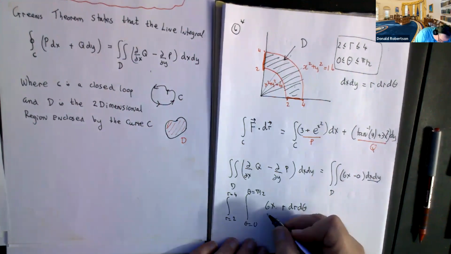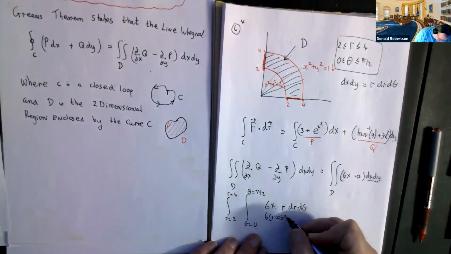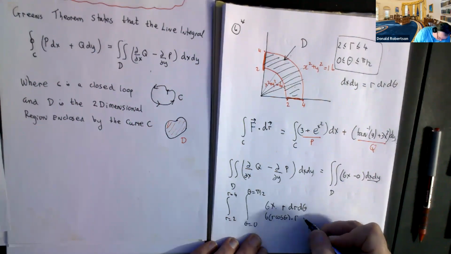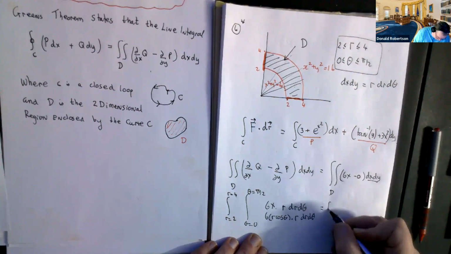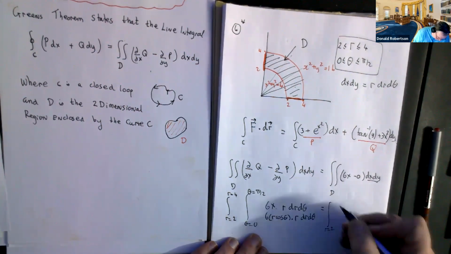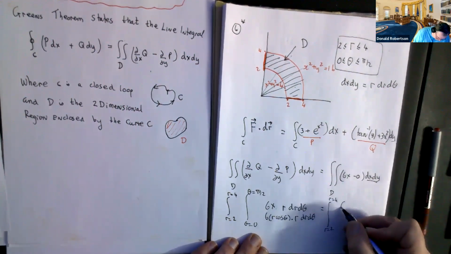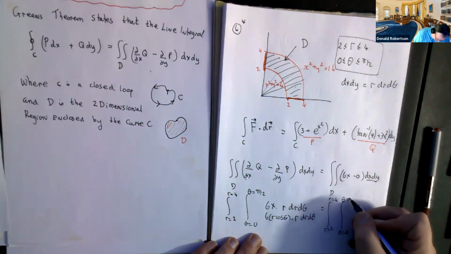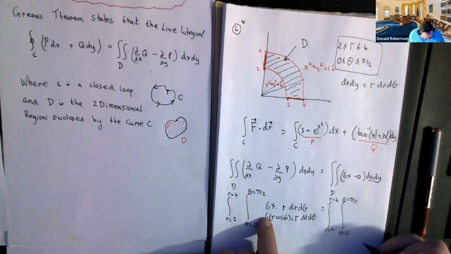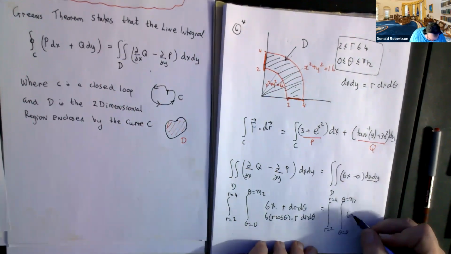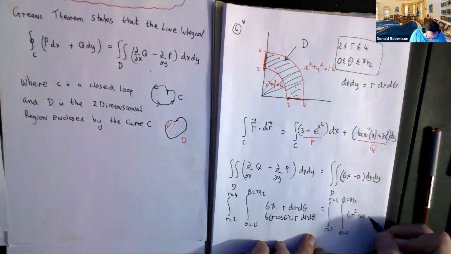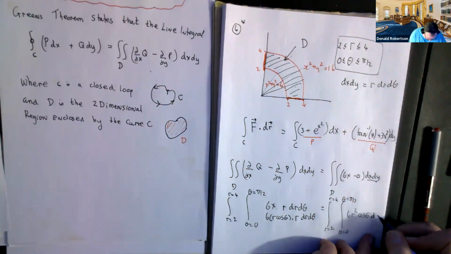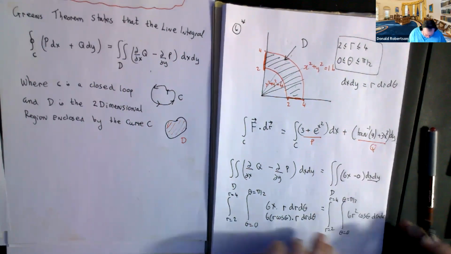So, to save me rewriting everything again, can we just turn it into r cos theta times r dr d theta, which now, when we combine things, becomes 6r times r, which is 6r squared cosine theta d theta dr.